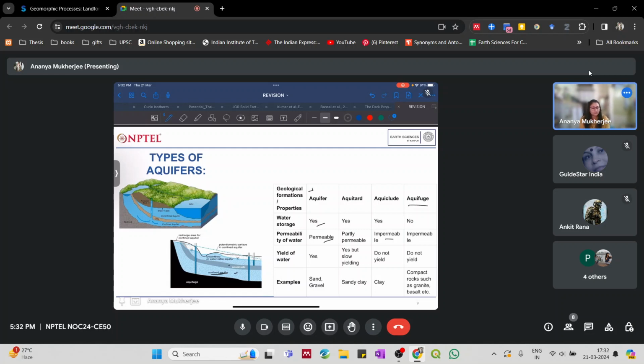And aquifuge is that rock unit which cannot yield, it does not store water, and it is completely impermeable. So usually bedrock, over here you can see the bottom of the groundwater reserve that we have is an aquifuge.